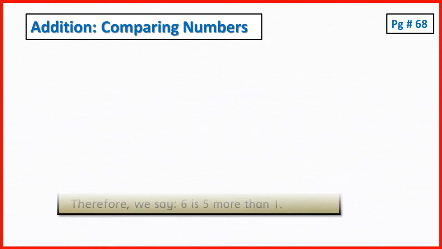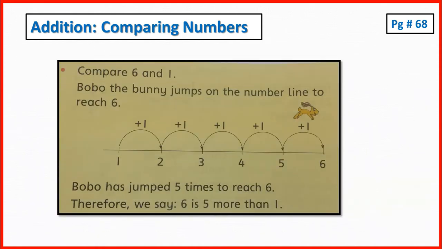First of all, I'm going to do page number 68, addition comparing numbers. Let us compare numbers to identify how much more one is from the other. Look at this example, in which we compare 6 and 1.